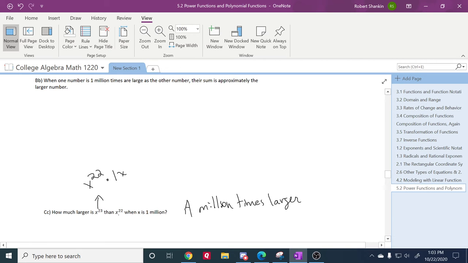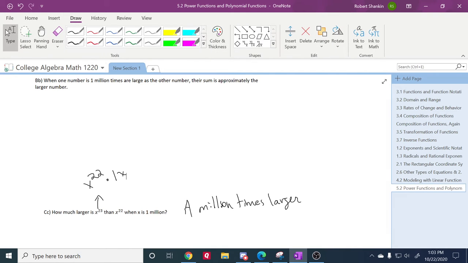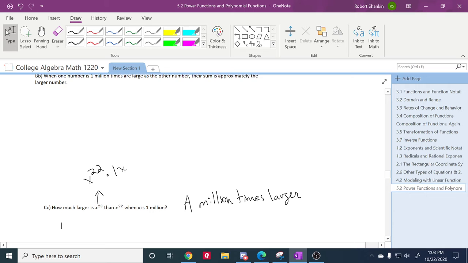And thus, when x is 1,000,000, x raised to the 23rd plus x raised to the 22nd is approximately x raised to the 23rd.